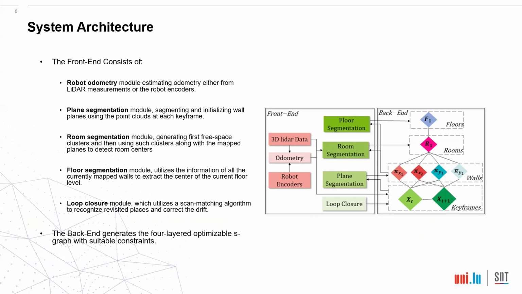A floor segmentation module utilizes information of all the currently mapped wall planes to extract a floor center. And a loop closure module utilizes a scan matching algorithm to recognize revisited places. Additionally, it has the backend, which generates the 4-layer optimizable S-Graph Plus and continuously optimizes it.